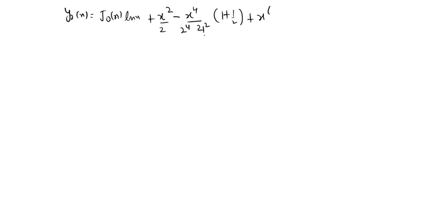So I am writing the second solution as J0 x log x plus x square by 2 square minus x4 by 2 4 factorial 2 square and 1 plus 1 by 2, then x power 6 by 2 power 6 3 factorial square, 1 plus 1 by 2 plus 1 by 3 and so on.